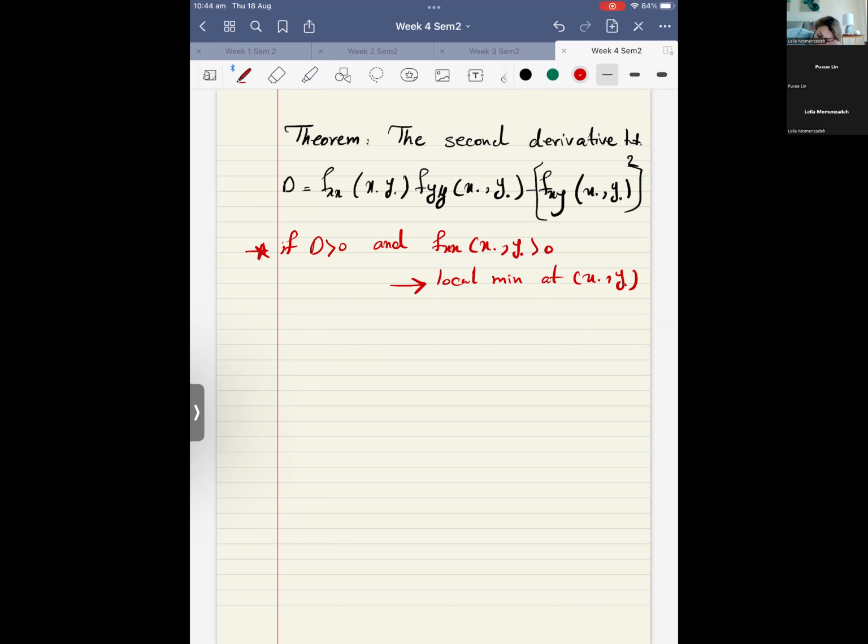Second one. If D is more than 0 and f_xx(x0, y0) is less than 0, then you have a local maximum at (x0, y0).